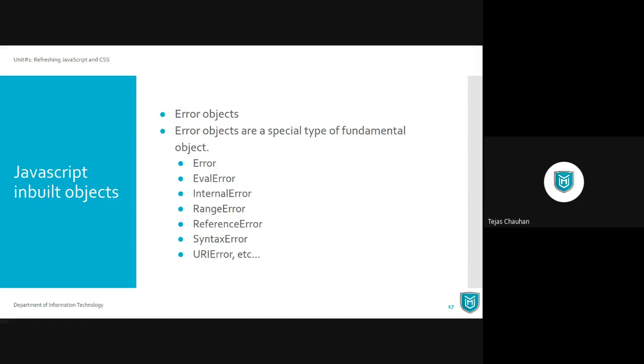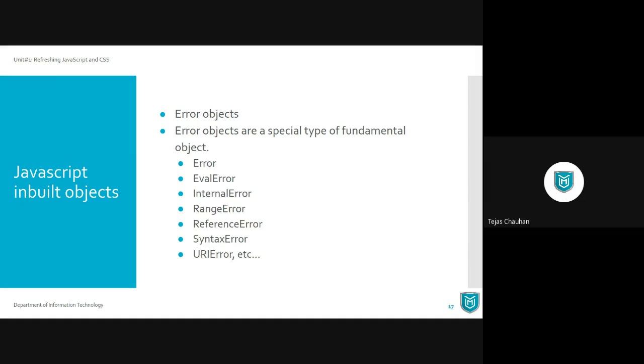Maybe the reference error, you're referring to something else, and if it is not possible, that generates an error. Then there is a syntax error. If you are defining some resource using URI, then there may be a URI error. So these are a few more specific error objects which you can use whenever there is an error generated.